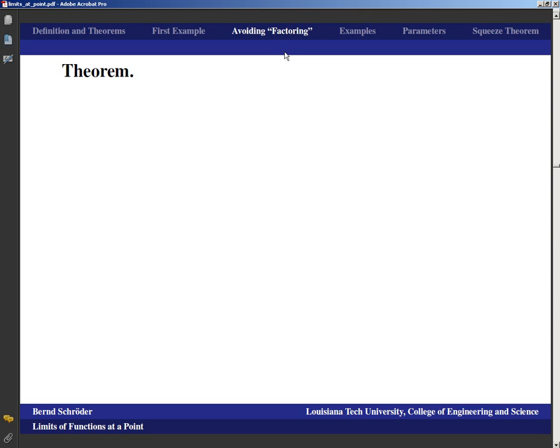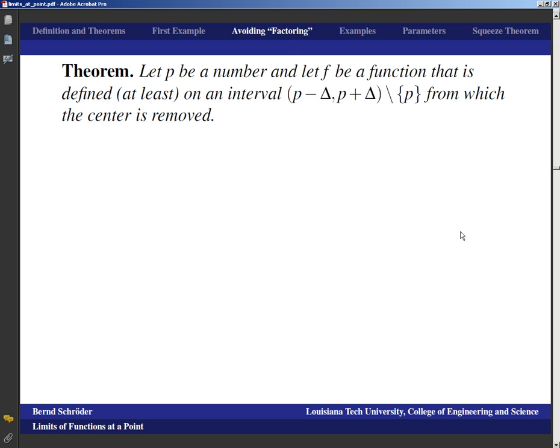I mean, anytime you've got a quadratic that factors, that's wonderful, but that's an accident. We all know that quadratics can have really ugly zeros, which would have to be computed with the quadratic formula. So there is a way to do these computations in a more reliable fashion, by avoiding this kind of factoring, and that's this theorem.